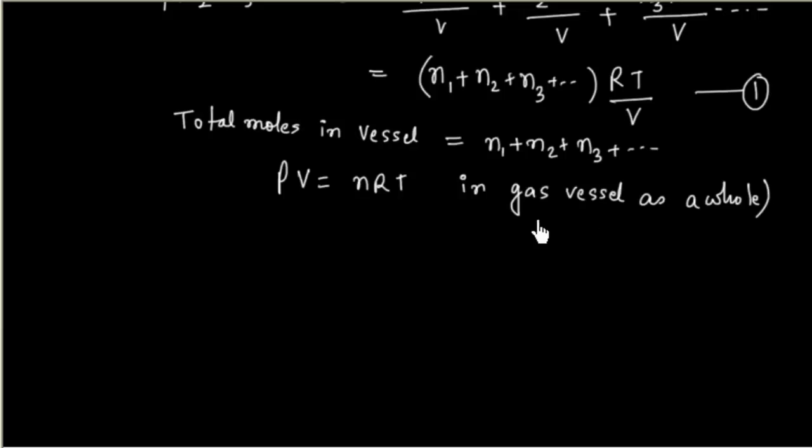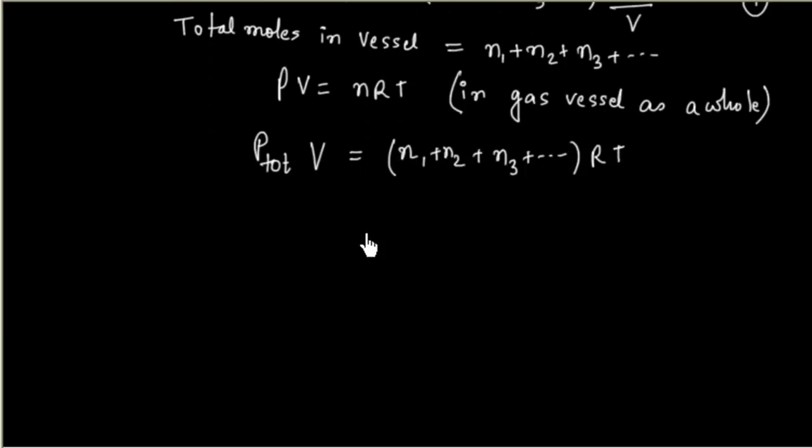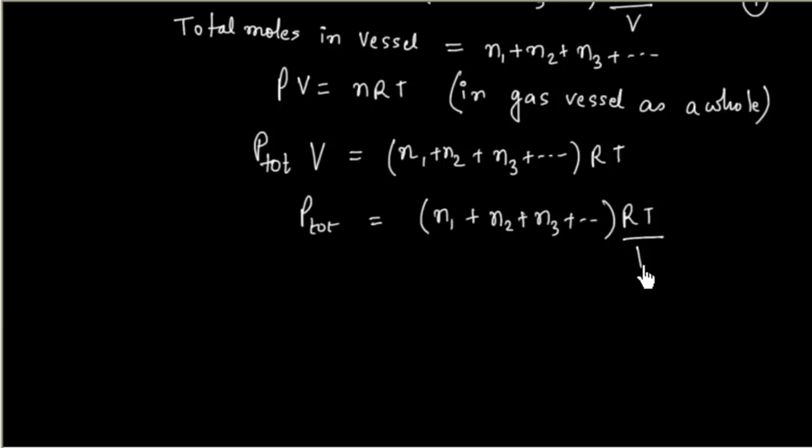So if I apply PV is equal to nRT, let us say P total, and V is the volume, and the number of moles will be N1 plus N2 plus N3, and this goes on, times RT. So we can write P total is equal to N1 plus N2 plus N3 into RT divided by volume. Let us call this equation 2.